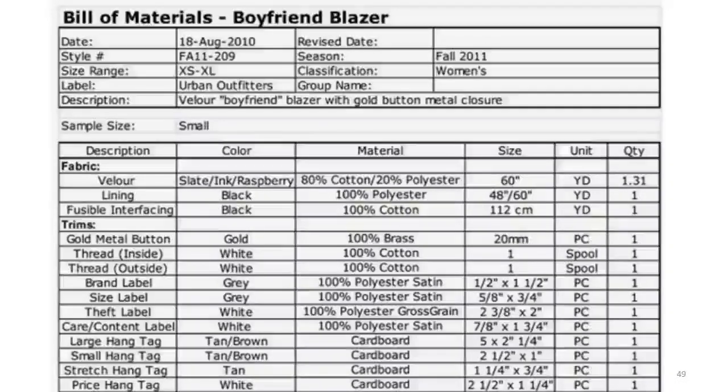So this one is a little different from the previous one. Here we're talking about the description of the item. We are also talking about the color, and then we're talking about the material quality, and then the size, and then the unit of measurement, which is yard or spool or pieces, and then how much is the quantity required. This particular bill of material does not include the price of the material.